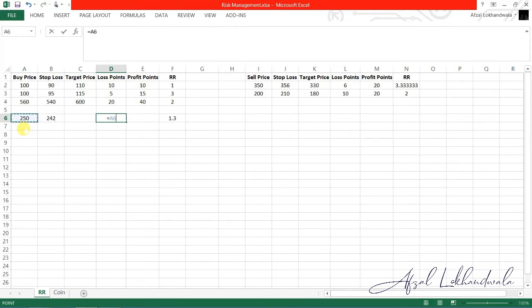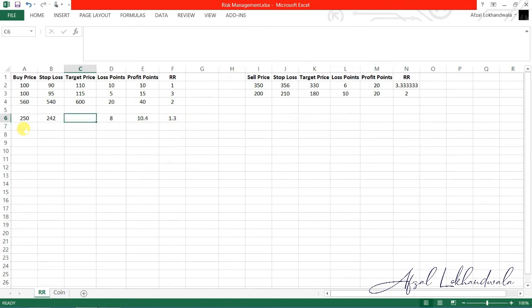The loss points will be 250 minus 242, so 8. Now we want our risk reward to be 1.3. So what we will do is, we will multiply loss points with risk reward ratio, that is 8 multiplied by 1.3. We will get our profit points.